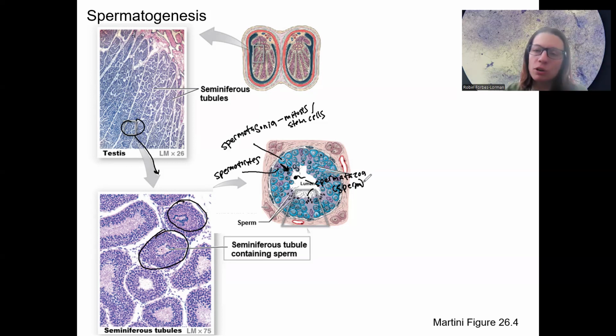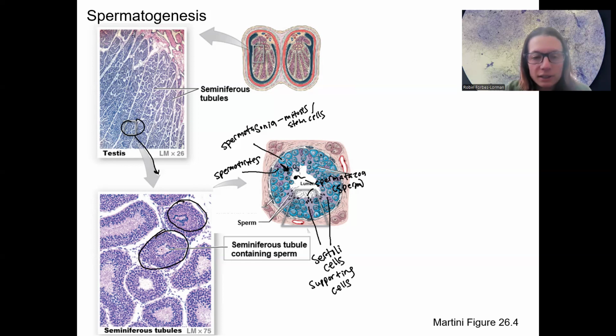Before we do, there's two other cell types within the testes that are important. One are these supporting cells. So these purple things here are Sertoli cells. These are not a developing sperm cell, not a gamete. They are supporting cells. You can see kind of how they support the sperm and the sperm development, promote spermatogenesis.